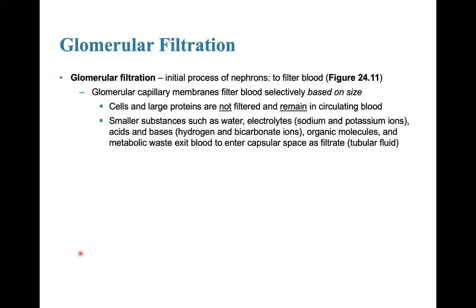Smaller substances such as water, electrolytes, which would be sodium and potassium ions, acids and bases, hydrogen and bicarbonate ions, organic molecules, and metabolic waste will exit the blood to enter the capsular space as filtrate, or what we refer to as tubular fluid.